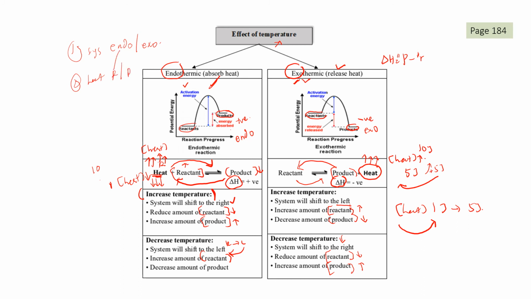Kalau endothermic will be in reactant, exothermic will be in product. Then, reapply the concept of concentration. Macam concentration, tapi ini heat lah kan. So, heat kita tak nampak lah. Awak akan nampak dia punya observe result dia adalah in term of the reactant and product only. Tapi yang ini, kena hati-hati ya. Tengok dulu sistem tu endothermic or exothermic. Itu sahaja.